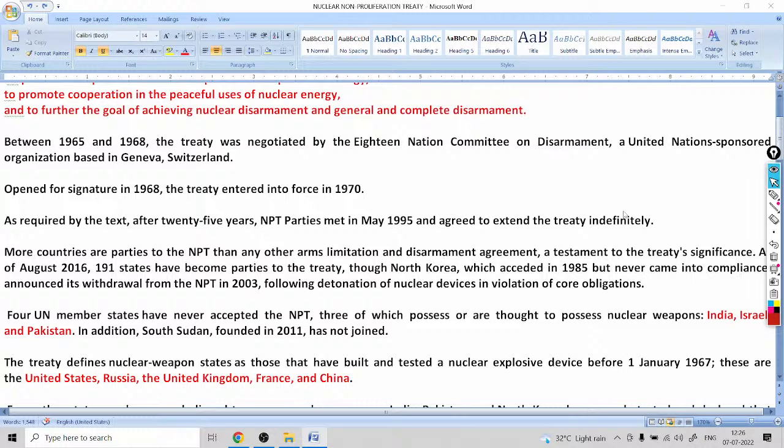So 191 countries are signatory to the NPT, whereas 193 countries are UN members. So this manifests the significance of this particular treaty, because so many countries have signed and acceded to it, and the number of members signatory to this treaty, 191, manifests its importance in the international domain.